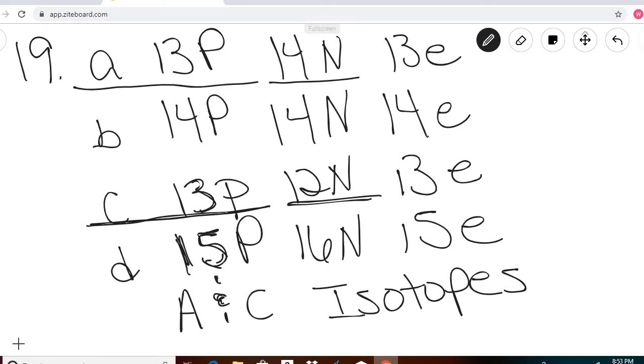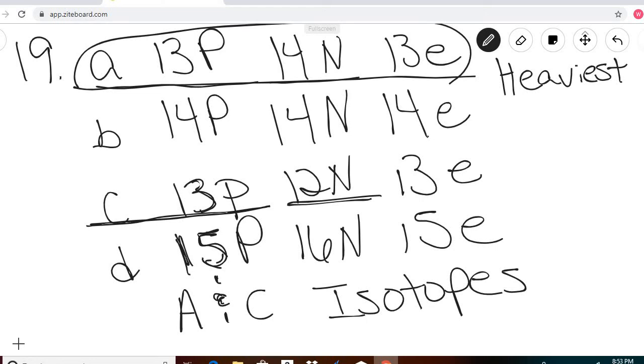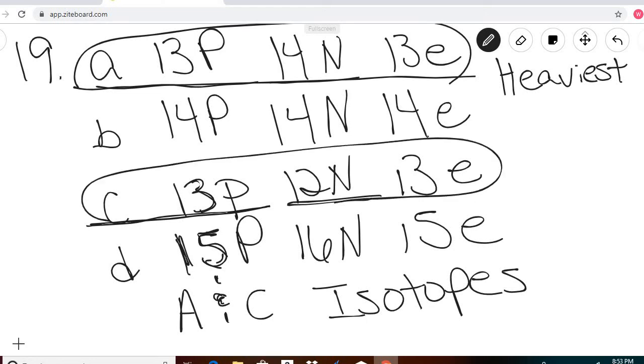So A, because it has 14 neutrons and C has 12, A would be the heaviest. It would have the greatest mass of the isotope, looking at A and C.